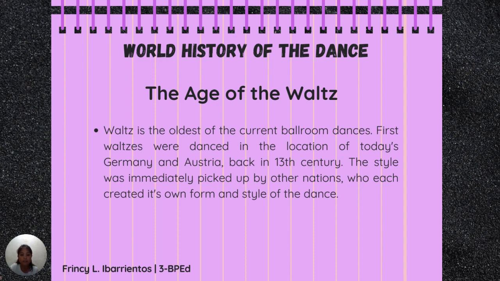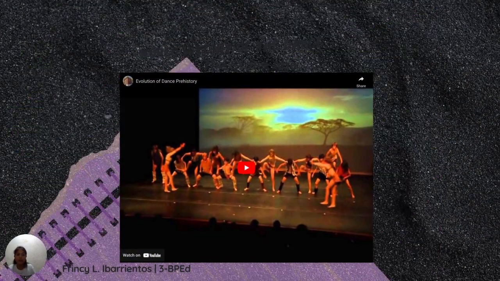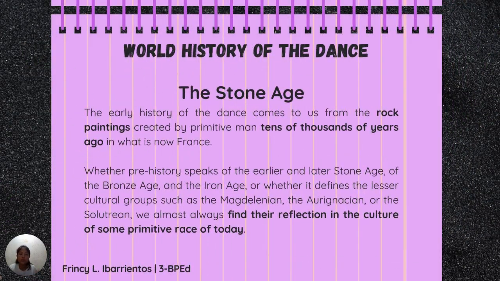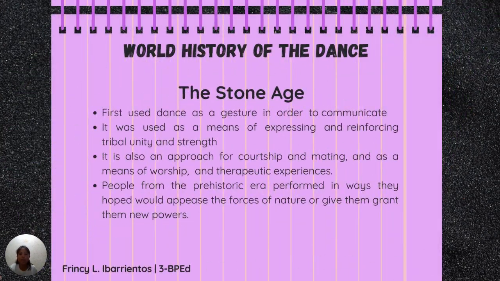Let's go back. We have the Stone Age, right? Where the Stone Age, the dance is for the communication, right? Using the dance gestures. And also it has an approach for courtship and mating, for the worship and therapeutic experience. Next is the classical period.